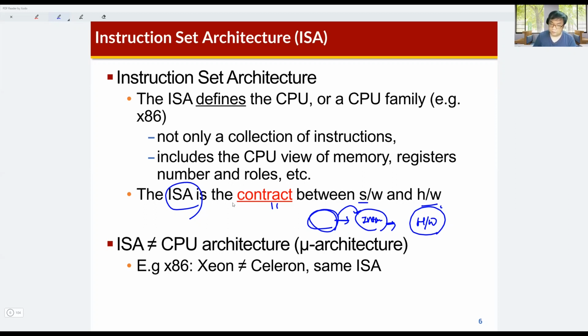So that's why the instruction set architecture is the contract between software and hardware. Also, as I mentioned, it defines the number of registers, the width of the memory address, and some other rules inside the computer processor.